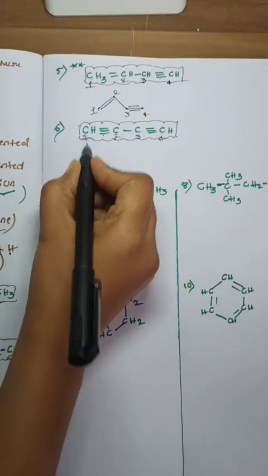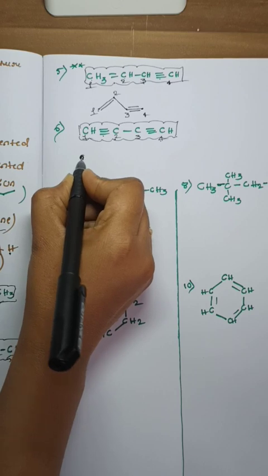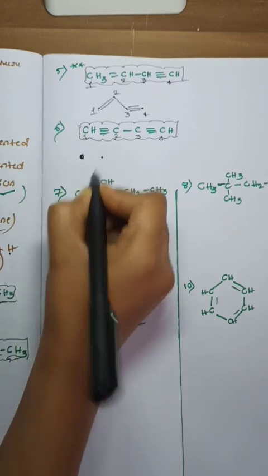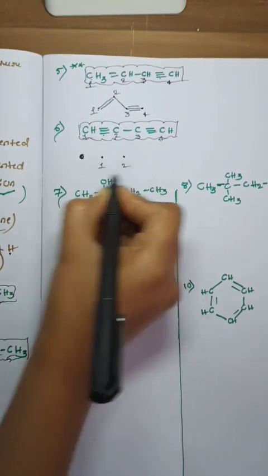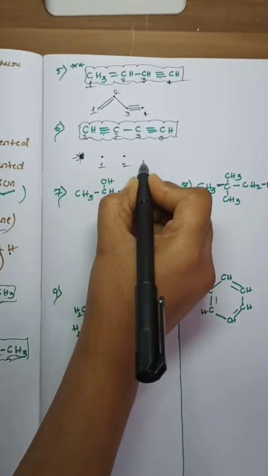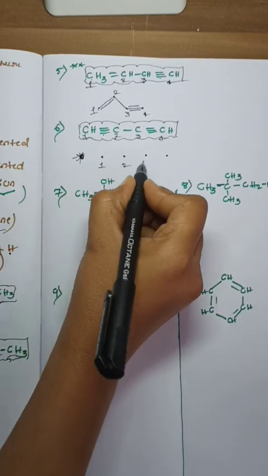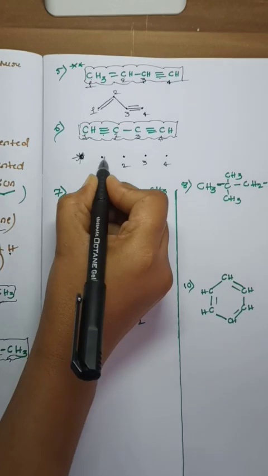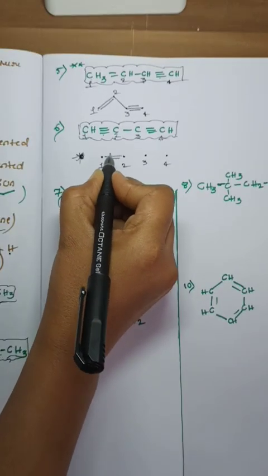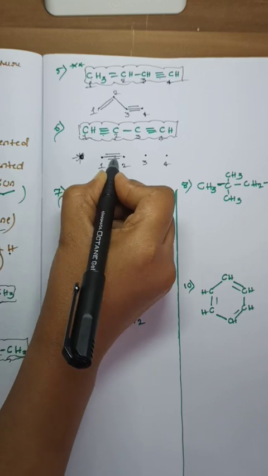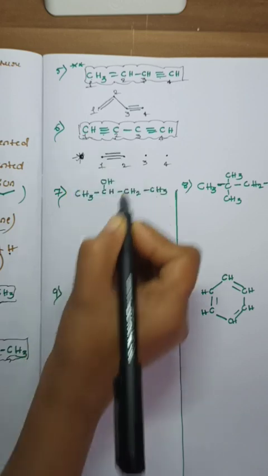So how do we have to write? This is one dot and this is one dot. This dot indicates carbon number 1, carbon number 2. Now this is carbon number 3, carbon number 4. Between carbon number 1 and 2 how many bonds? 3 bonds, and 3 bonds we have to represent with bonds like this.